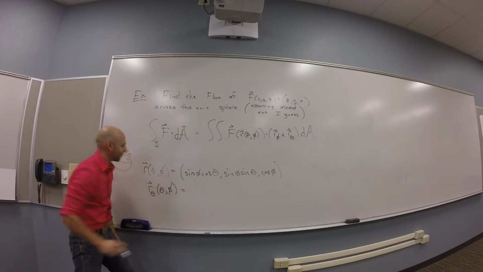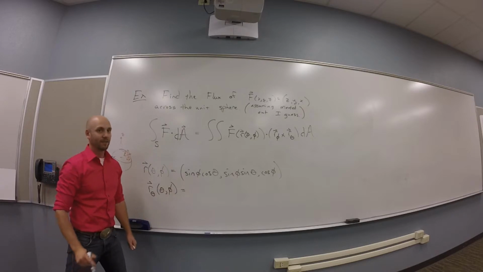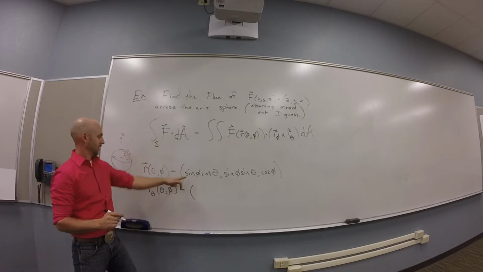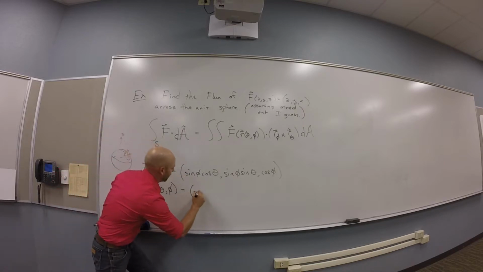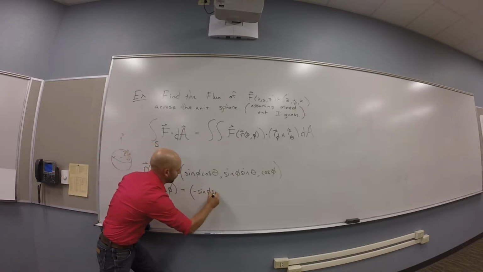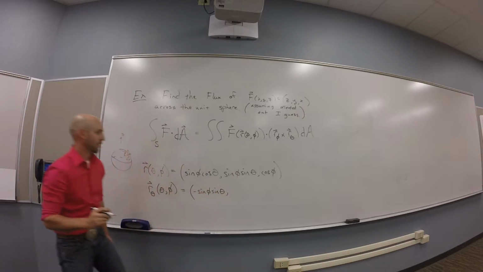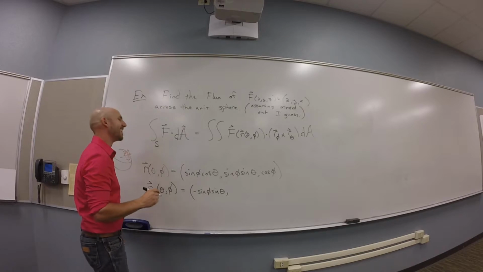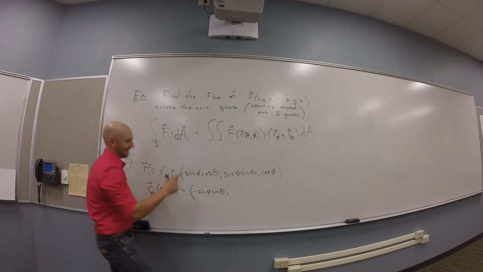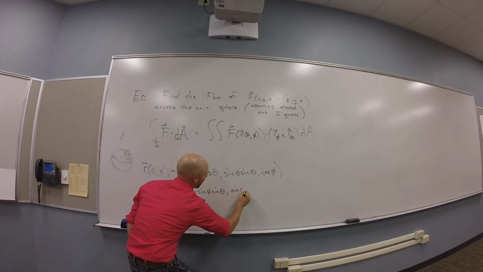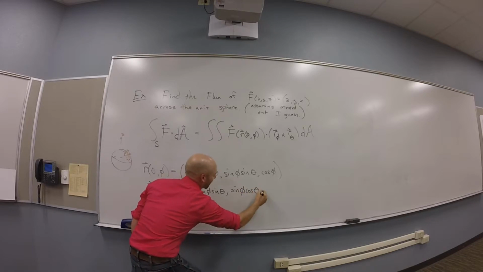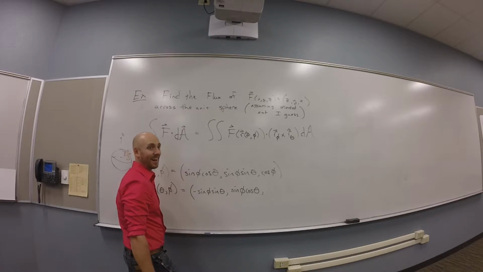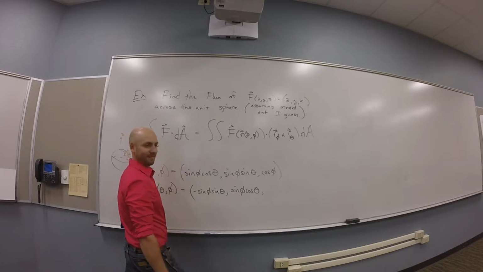Okay, so when you do r theta, what do you get for this first coordinate? Negative sine phi sine theta, comma, sine phi cosine theta, comma, and then zero.